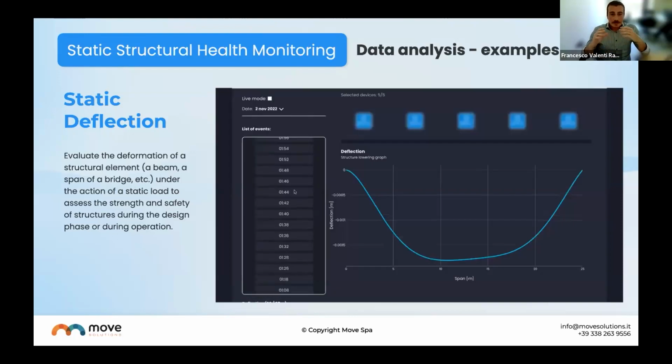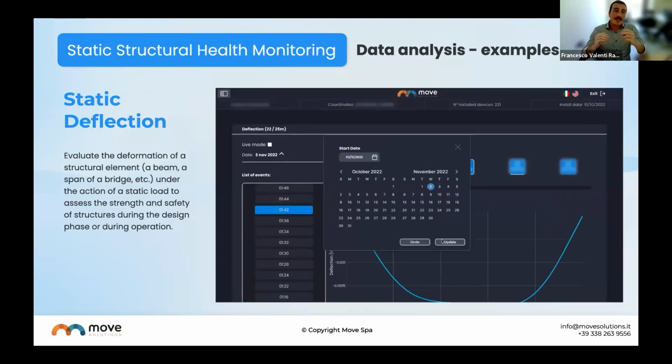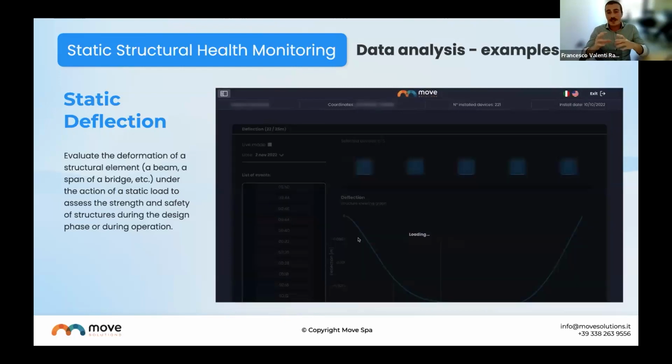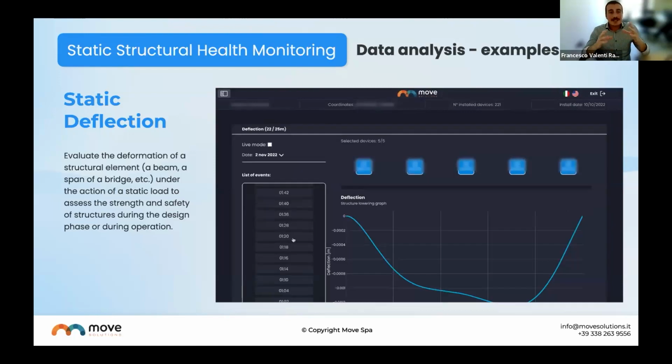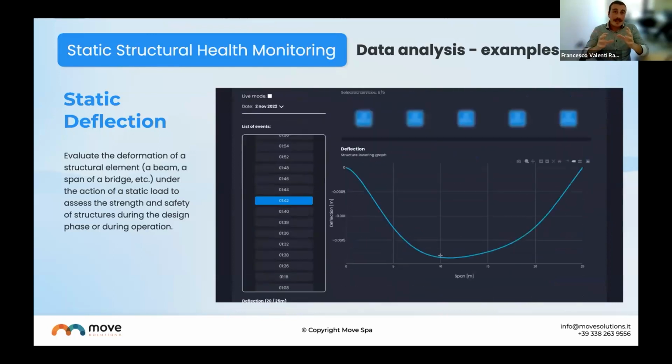The tool uses a finite element model to simulate the behavior of the structure and calculate the maximum deformation in the load zone. In this way, it is possible to evaluate, through the graph of course, the safety and the reliability of the structure, and to identify some critical points that can require maintenance, repairs, or whatever.